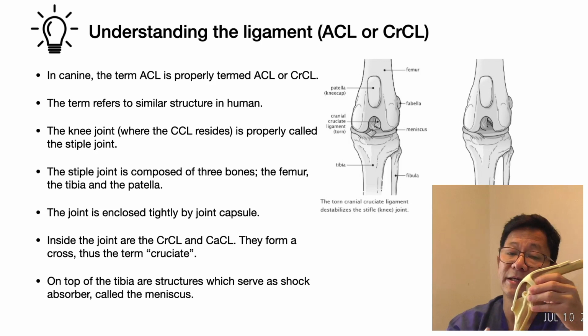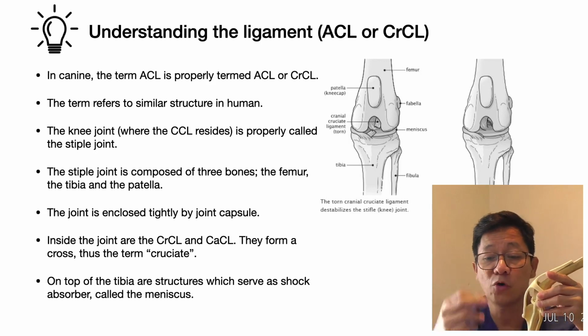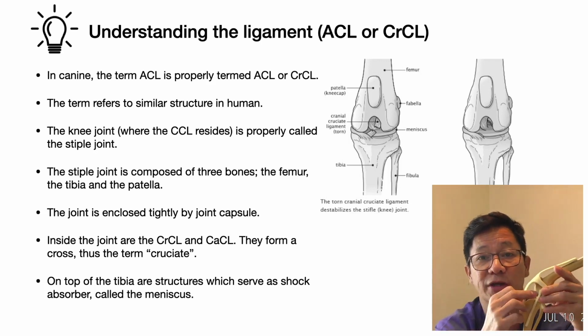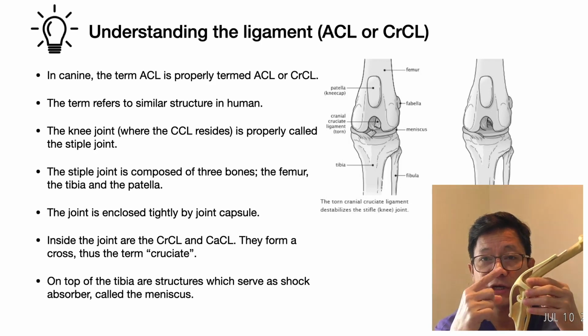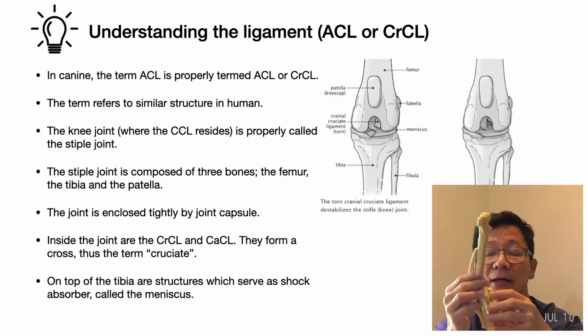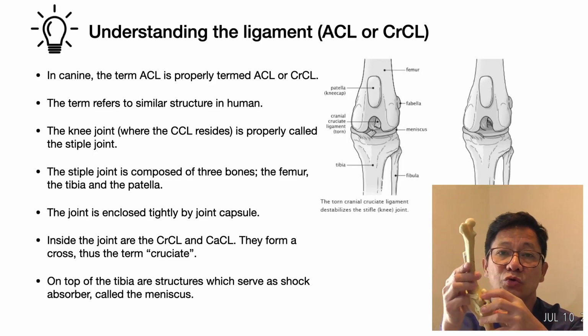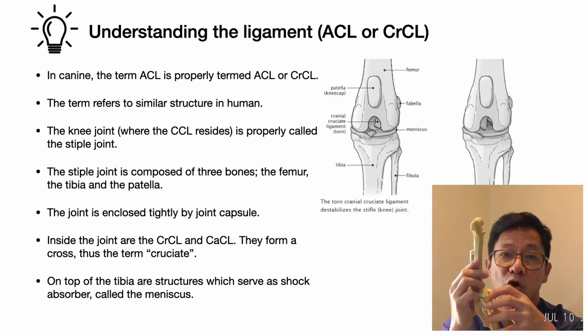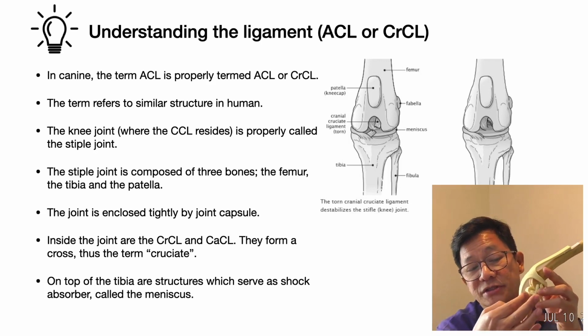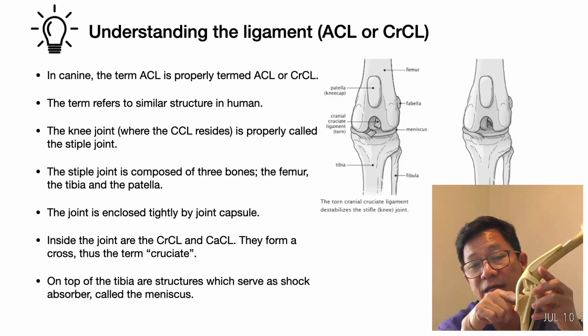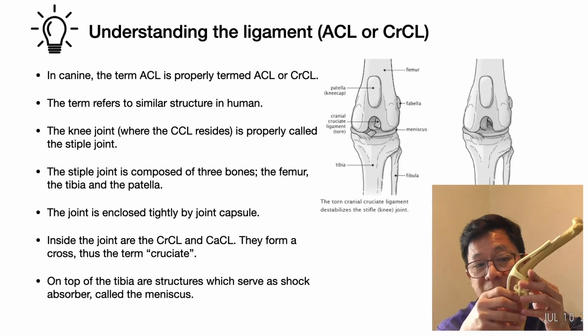Okay? Cranial cruciate, there are 4 linkages inside the joint. Okay? Yung cranial cruciate, caudally is attached to the caudal condyle of the femur, and then it crosses distally towards the cranial aspect of the tibial plateau.